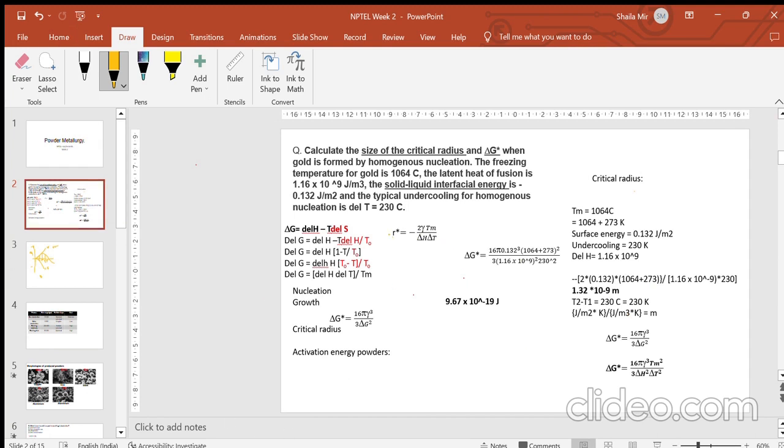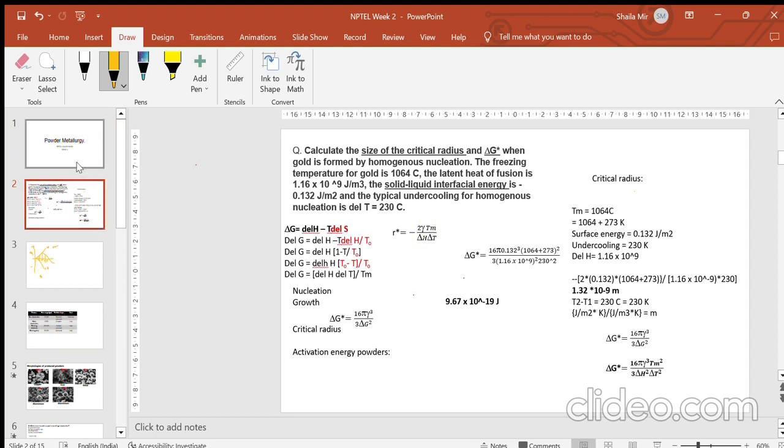This was the formula for the critical radius. R critical radius was dependent on surface energy, that was this. It was also dependent on enthalpy, and it was also dependent on your melting temperature or undercooling, right? This factor is a delta G actually. This is the volume free energy.